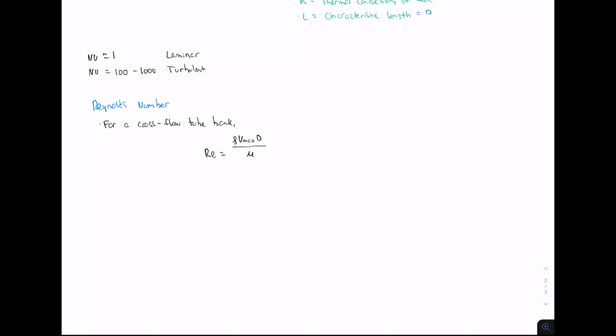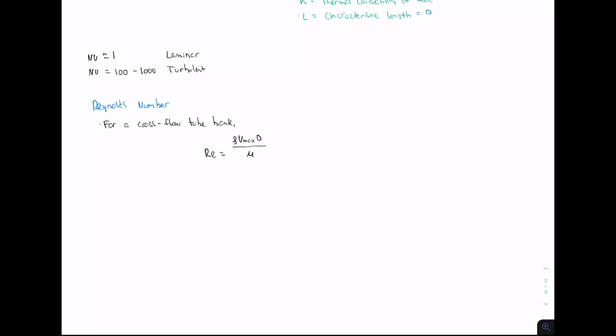Okay, so for a cross-flow tube bank, the Reynolds number looks very similar to what we usually have, which is rho v d over mu for pipe flow. But in this case, what we have is rho v max d divided by mu, where v max is just our maximum fluid velocity.